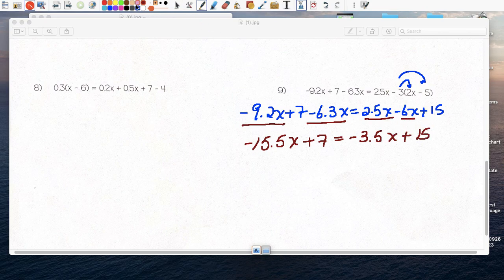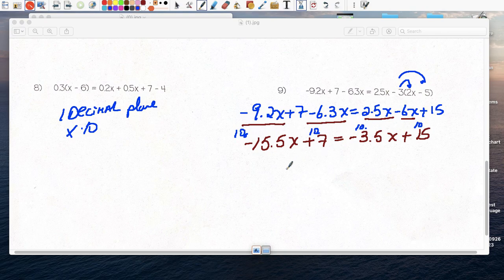You want to get rid of the decimal? You can. If you just want to continue as it is, you can as well. So this one, I'm going to get rid of the decimal. The number with the greatest number of decimal places is just one decimal place, so there's one decimal place. And then I'm going to multiply everybody by 10. Okay, so times 10, times 10, times 10, times 10.